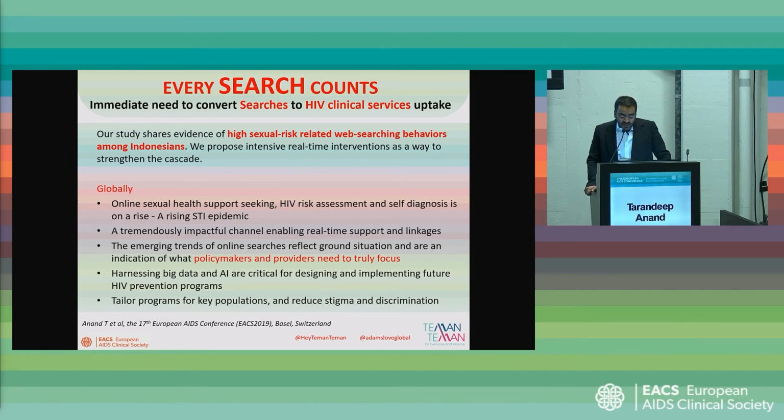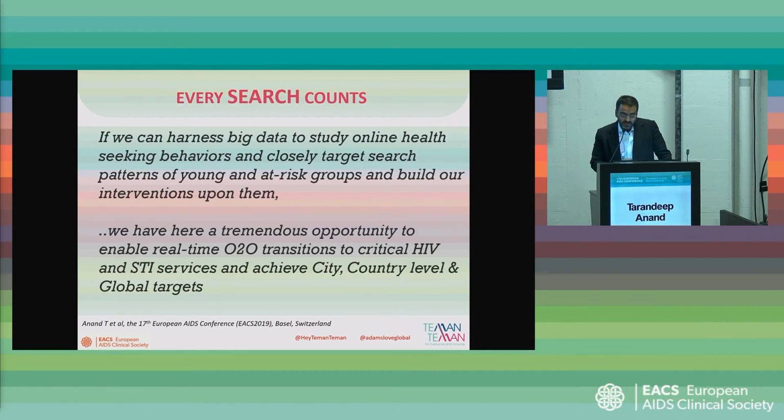We have to harness big data and AI, and that's what will inform policymakers and providers to truly focus their interventions for these people. So to end, I would say that if we can harness big data to study online health-seeking behaviors and closely target these young populations, we have here a tremendous opportunity to enable real-time online to offline transition to HIV and STI clinical services.